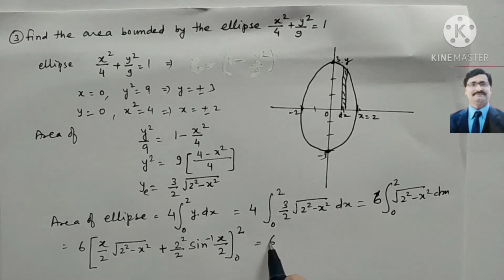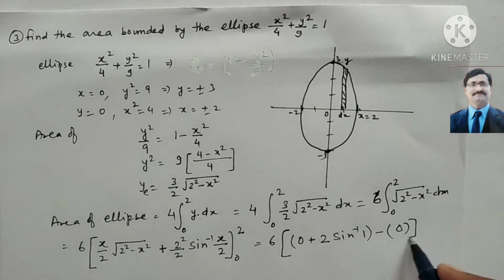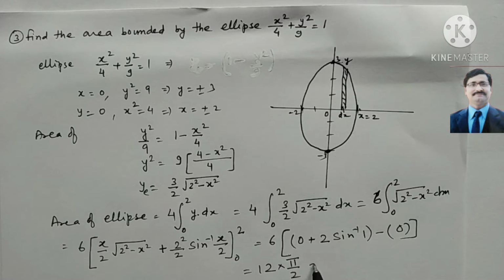Look here, if we put here 2, then this will be 0, and plus when we put here 4 by 2 means 2, and when we put 2 here we get 2 by 2 means 1, means we can write here sine inverse 1, and if we put 0 then this all will be 0. And look here, 6 times 2 we get 12 by 2, and sine inverse 1 is pi by 2, means we can write here the answer is 6 pi.